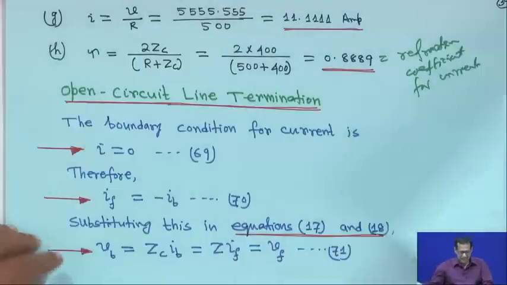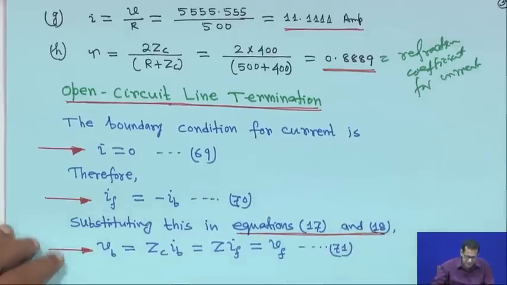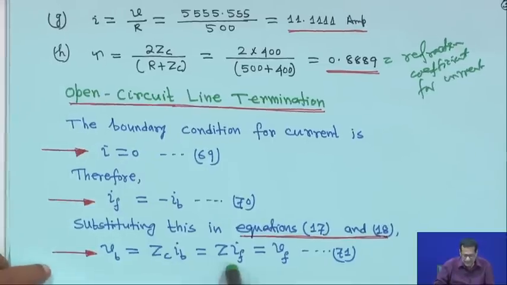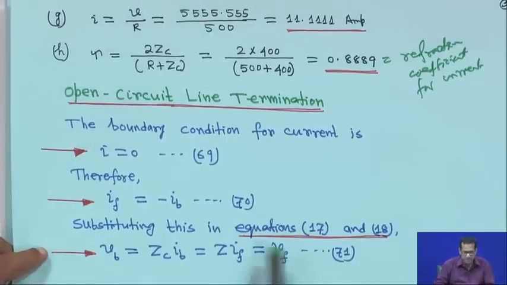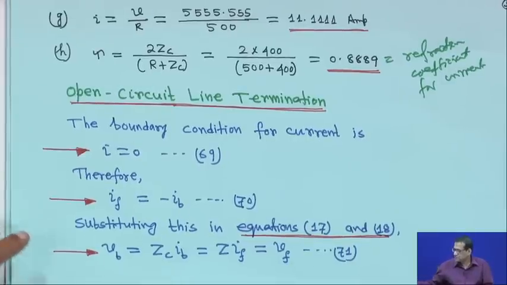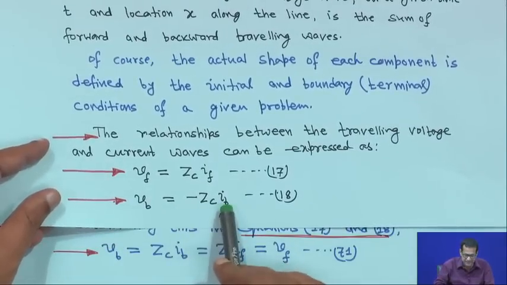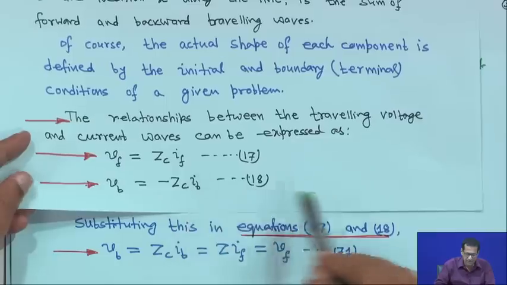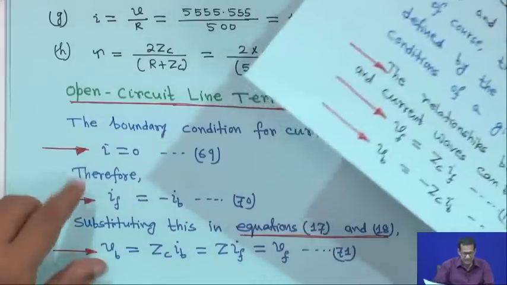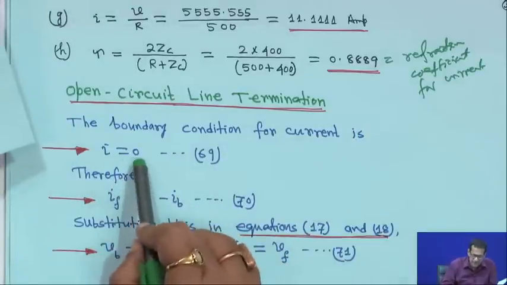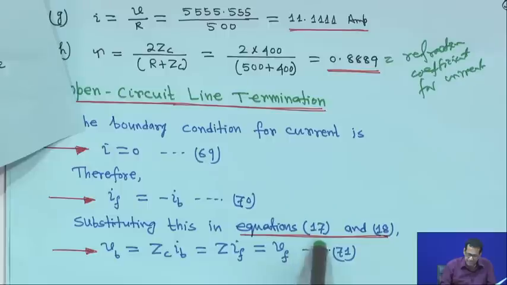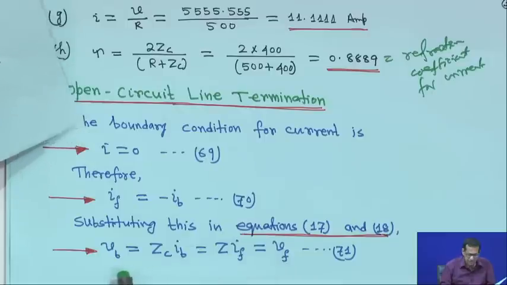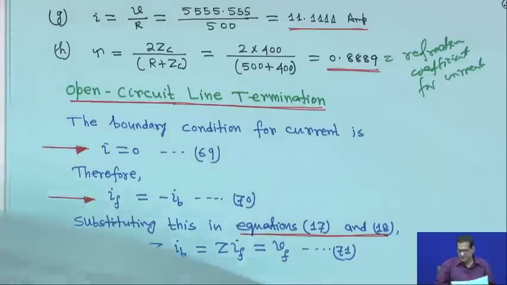If you substitute here, Vb is equal to Zc into Ib, which is equal to Zc into If, because If is equal to minus Ib. We also use I is equal to If plus Ib, and as I is equal to 0, If will become minus Ib. If you substitute in equations 17 and 18, you will get Vb is equal to Zc into Ib is equal to Zc into If is equal to Vf. This condition you will get.